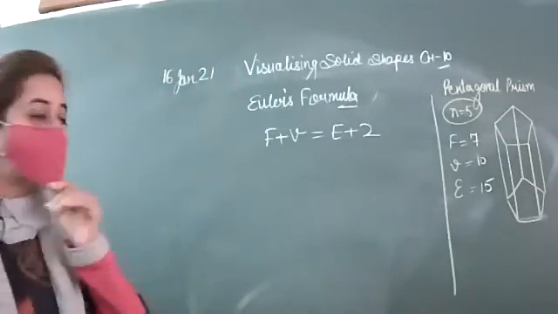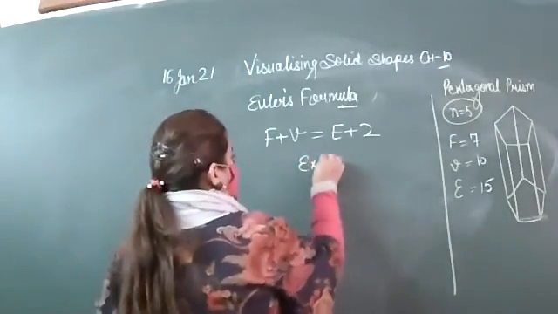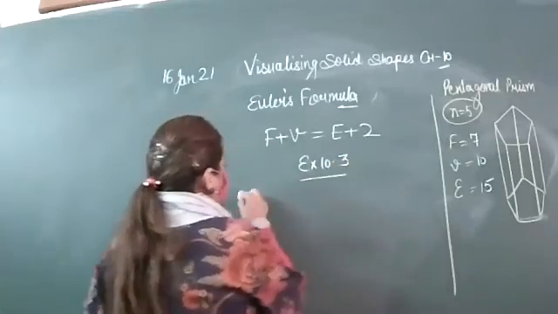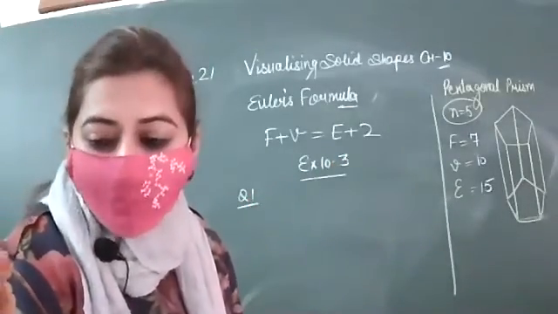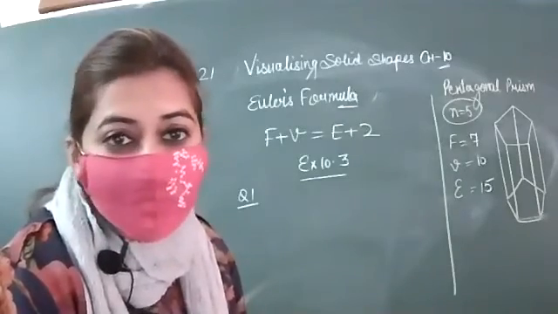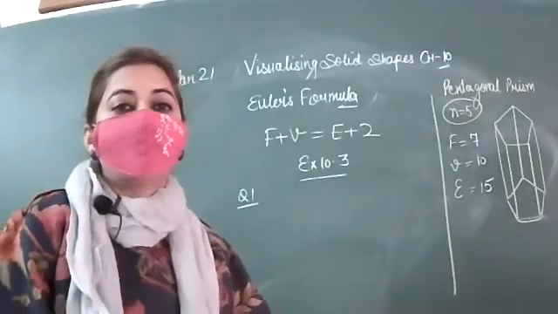Now, let's discuss exercise 10.3. Last question I'm discussing. And if you have seen the video of Wednesday and Thursday, you must have heard about this formula in that video also.